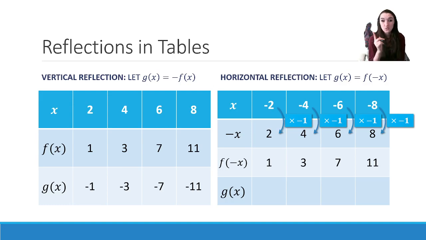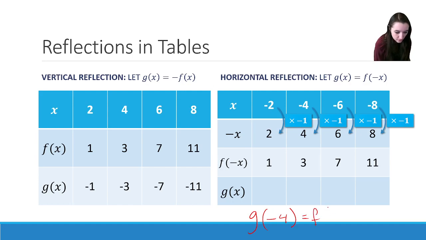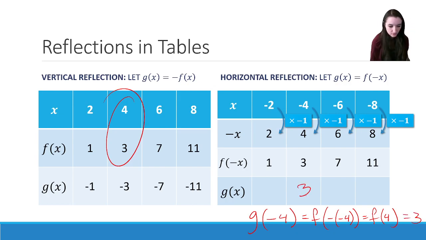So we get this, and then that tells us that, well, we've already sort of figured out what's going on here. g of negative 4 is equal to f of negative negative 4, which is to say f of 4. And we know that f of 4 is 3, so it better be 3 right here.